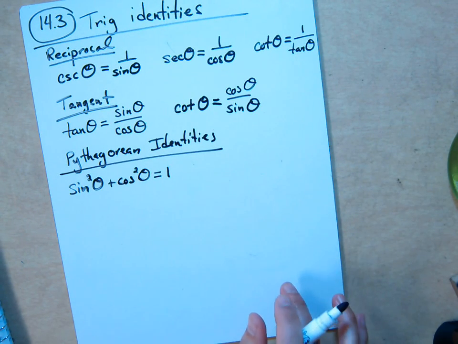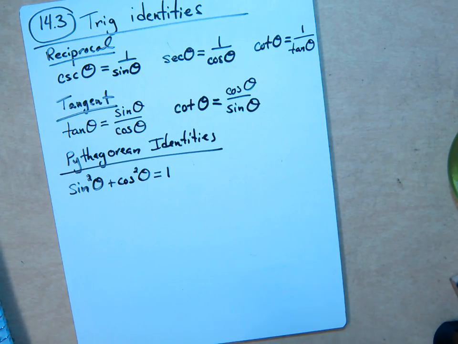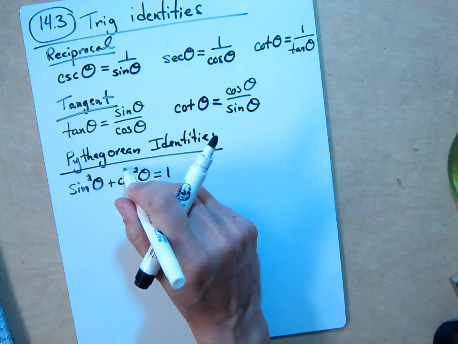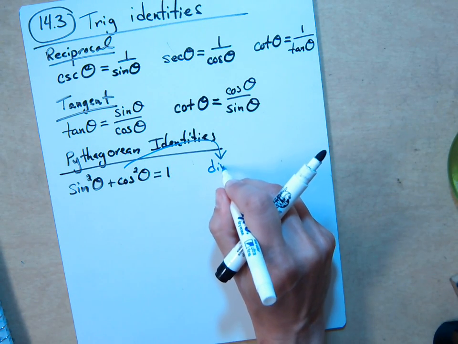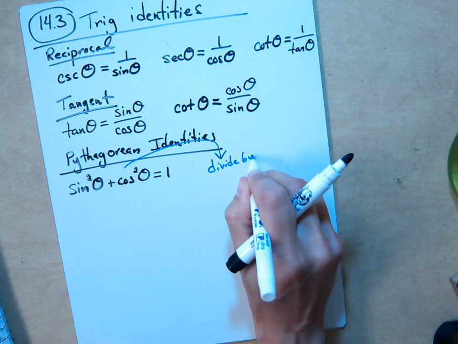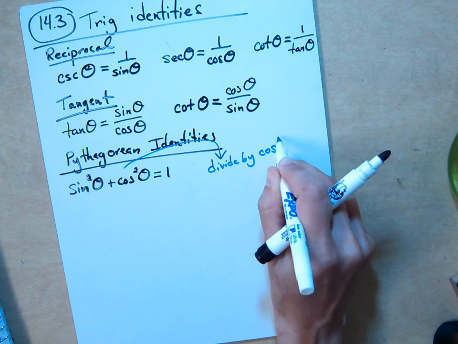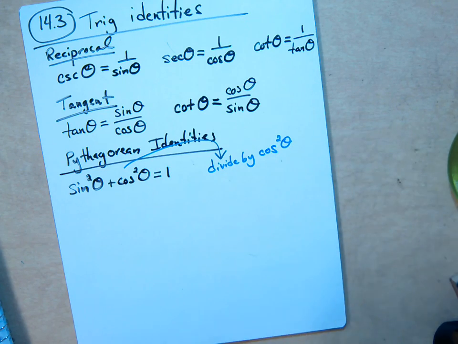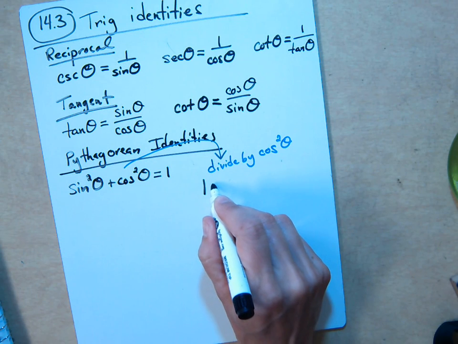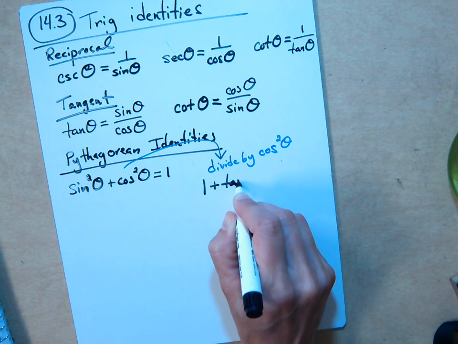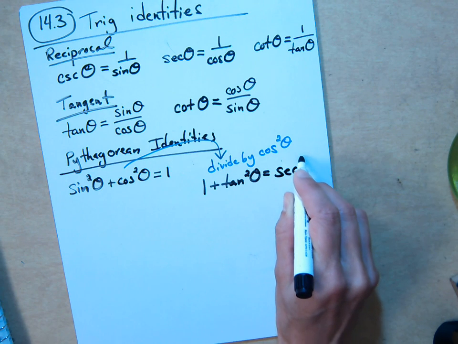And from that, in your homework, what I'm going to have you do is take this whole thing and divide every single term, because you have to, the distributive property, by cosine squared theta. You will get this, and it's also an identity: 1 plus tangent squared theta equals secant squared theta.